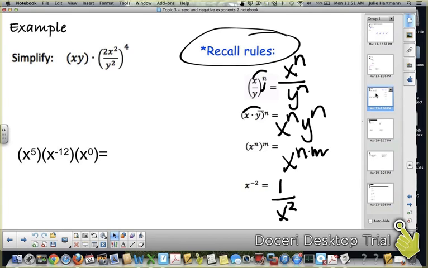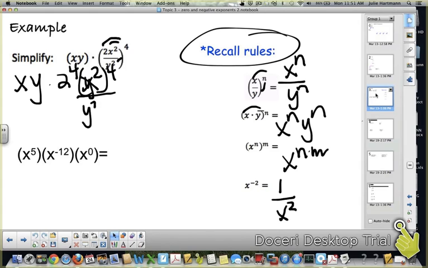All right, so in the first example, this is now combining a lot of your rules into one. You have xy times, here, this 4 needs to go to each one. So you have 2 to the 4th, x squared to the 4th, and y squared to the 4th.